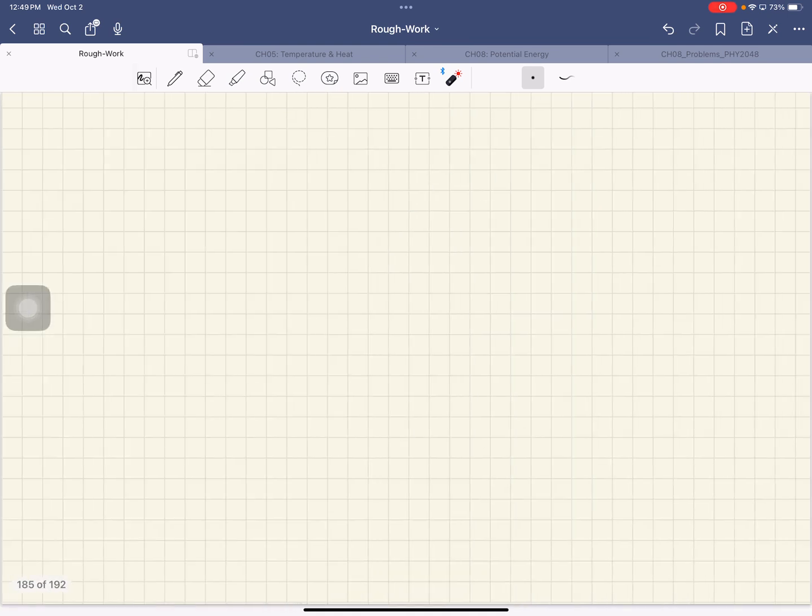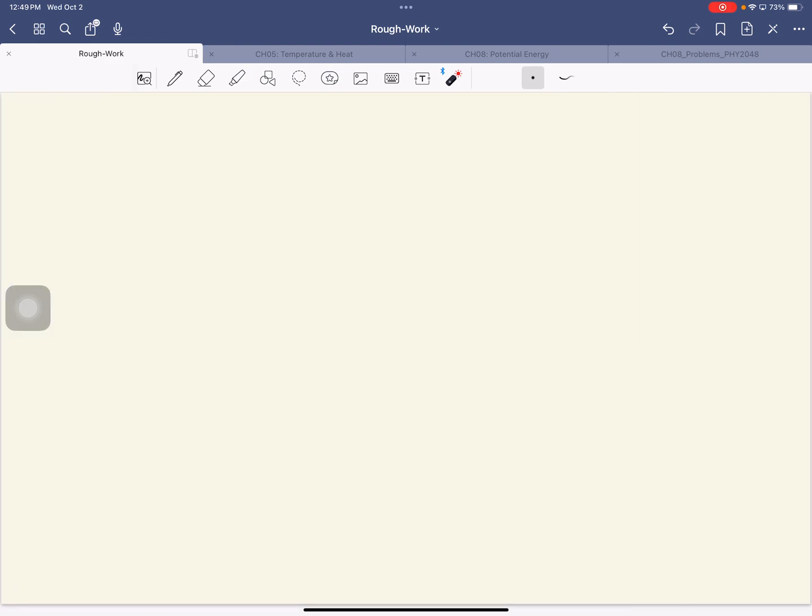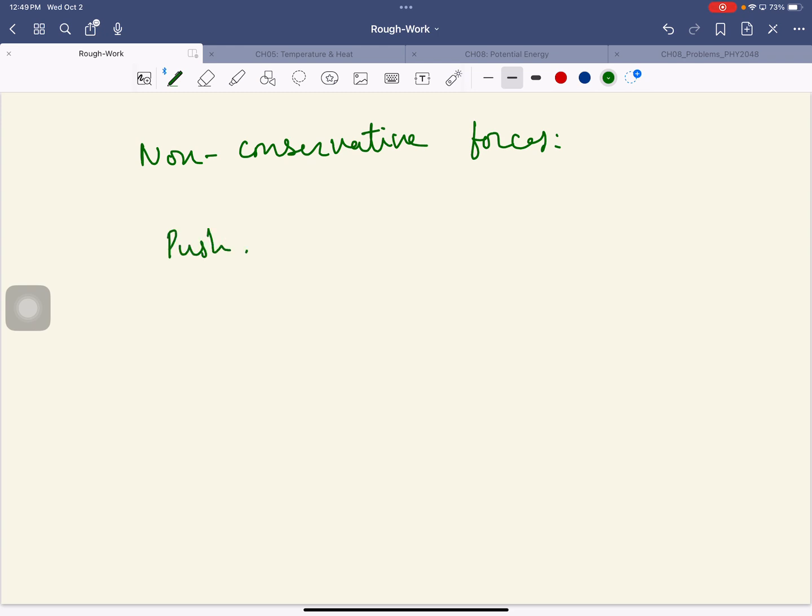Let me give you examples of non-conservative forces. When you push on an object, that's a non-conservative force. Friction is a non-conservative force. The force a rocket exerts on an object is a non-conservative force.